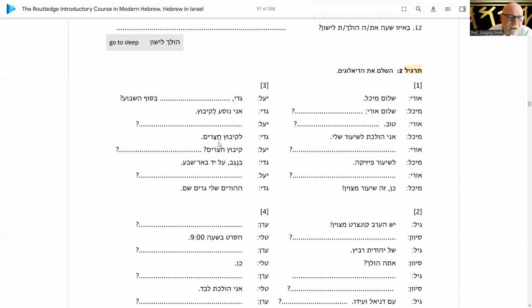La kibbutz hatzarim. I bet it's just to which kibbutz are you going? Kibbutz hatzarim. The afternoon kibbutz. הקיבוץ הצהריים. Okay, let's see here.